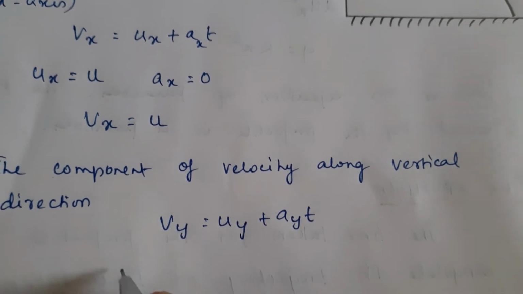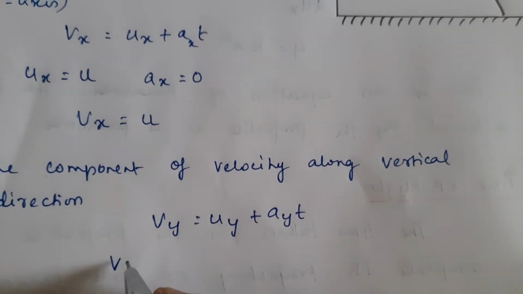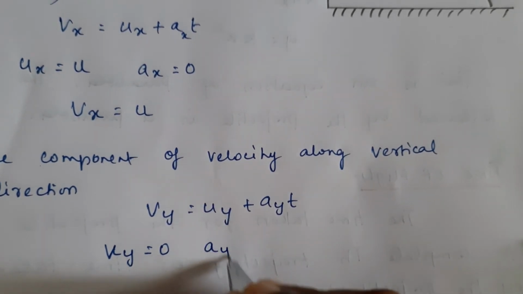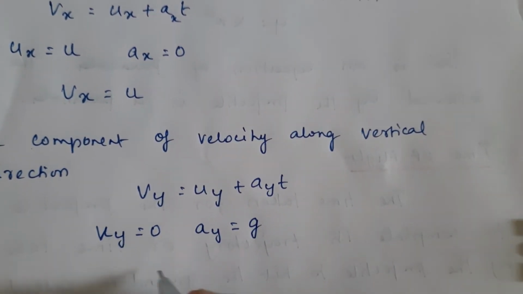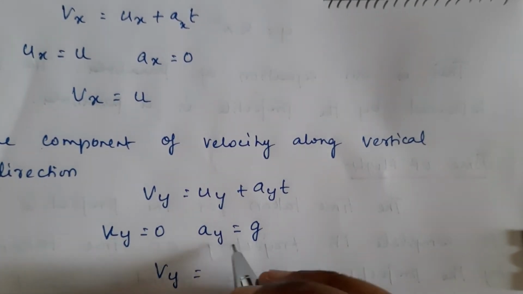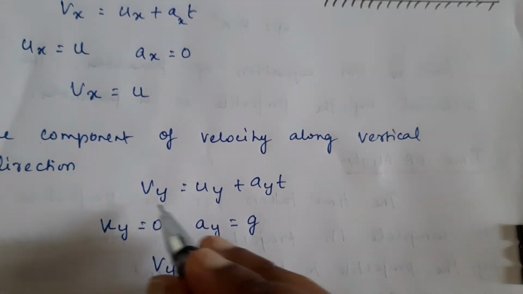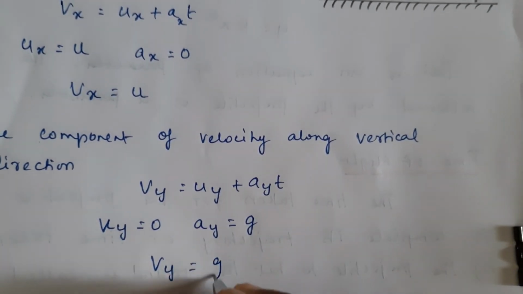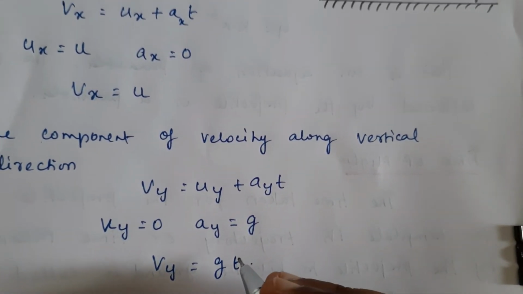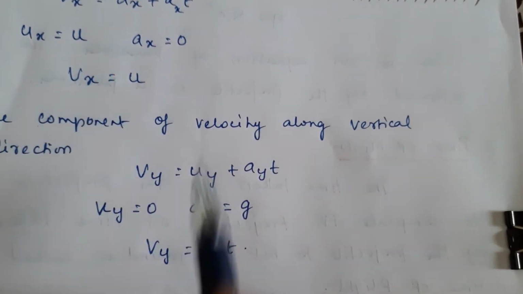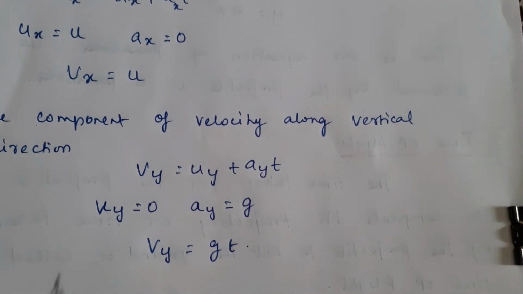Now your Uy is 0 and your Ay is nothing but g. So we can write Vy is equal to, in the vertical direction the initial velocity is 0 and the acceleration is acceleration due to gravity. So it is g into t.